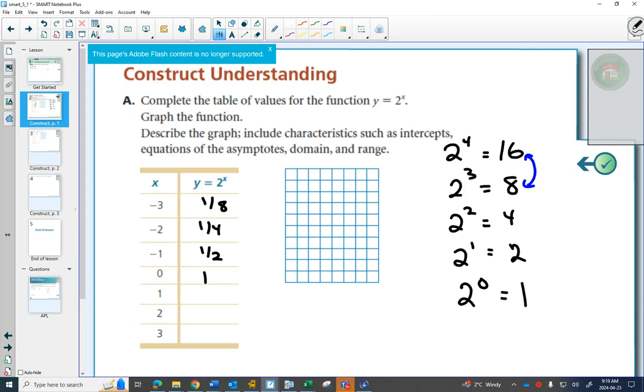And if I continue the pattern, if I go down one more, you get 2 to the negative 1. And if you divide by 2 again, you get a 2 on the bottom. And if you go again, you get 2 to the negative 2. If you divide by 2 again, you get 1 over 4, which happens to be 1 over 2 squared, which explains the negative exponent rule as well.